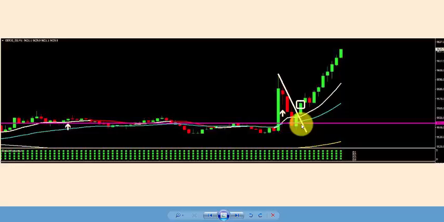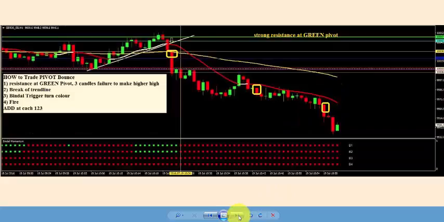These pivot points are very important, and as soon as the trigger line goes into bullish mode, I am looking to enter, entry there, and up she goes. That's been a big move to the upside.